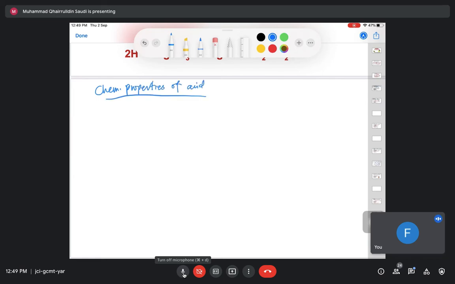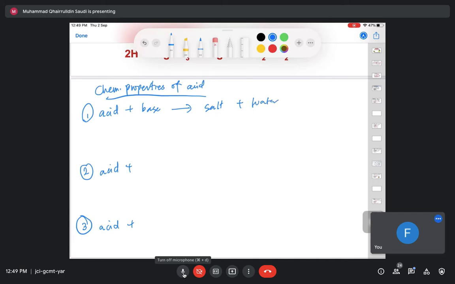There are 3 chemical properties of acid. So write down macam ni. Okay, so semua mesti acid, acid, acid. The first one, acid can react with base, and the product will be salt and water.